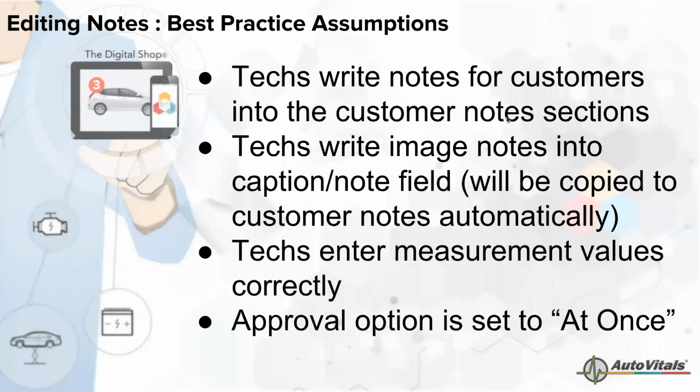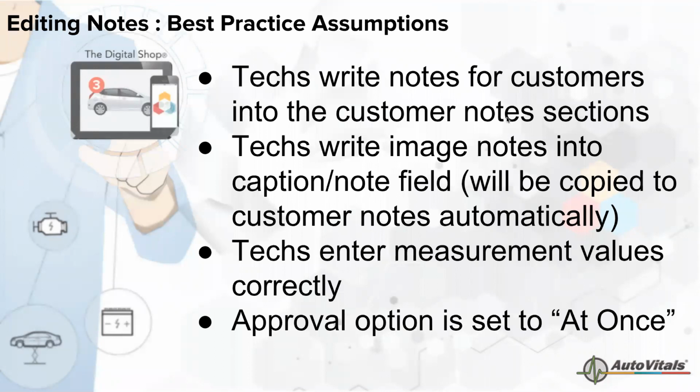And the following slides are describing the behavior if the approval option in inspection settings is set to approval at once. There's another option which is approve individually. Very few shops do that, where you basically have to go through every single topic and have to approve it.